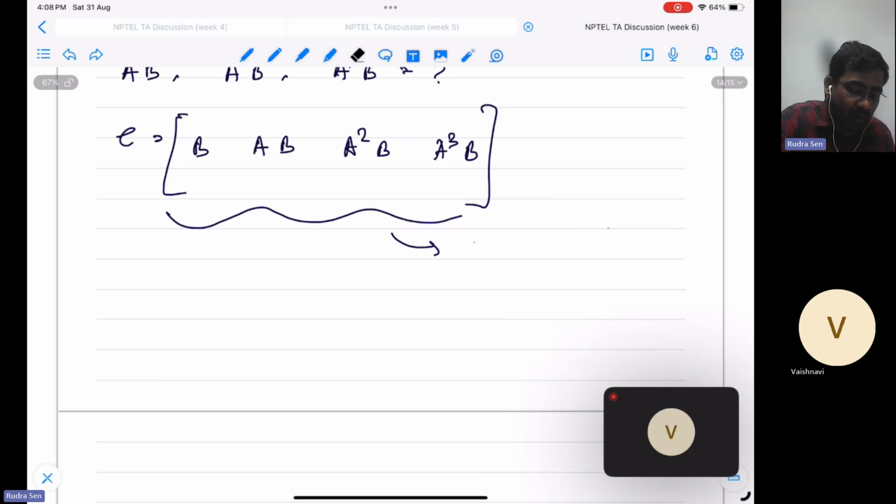Sorry, this matrix is singular, which means not full rank.